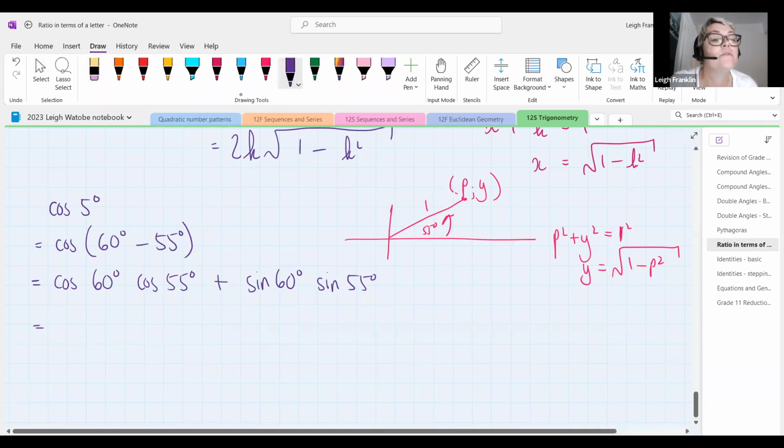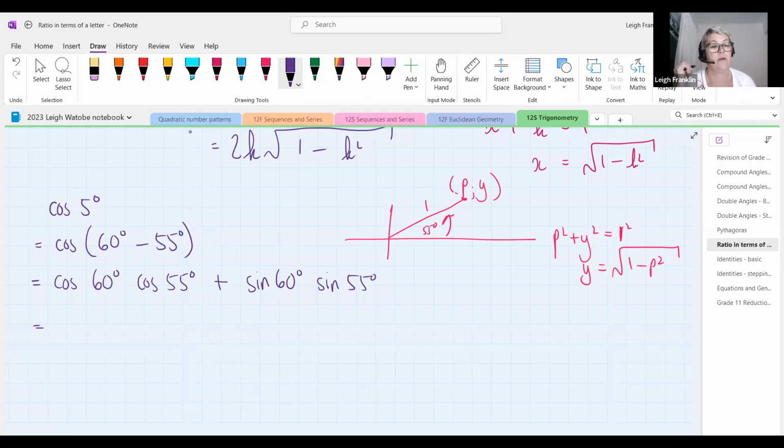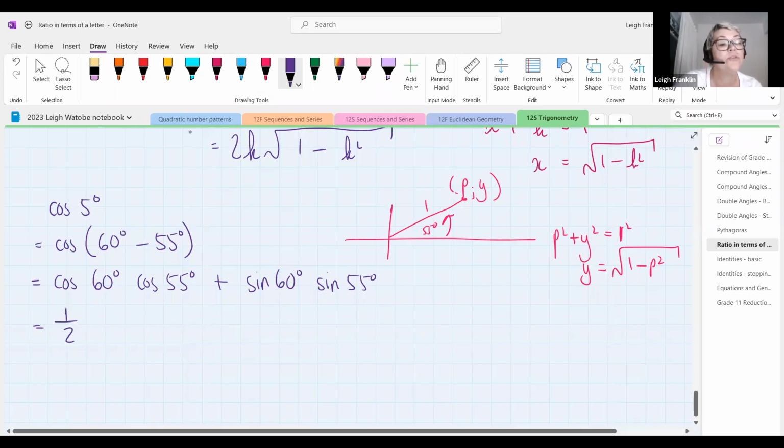That's better. So the cos of 5 is the cos of 60 minus 55. Okay, so cos 60, cos 55 plus sine 60, sine 55. And now we can go and sub in. Okay, so the cos of 60 would be equal to 1 over 2.